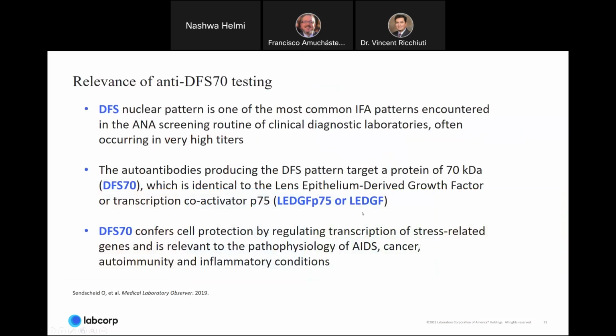The autoantibody producing the DFS pattern targets a 70 kilodalton protein called DFS70, which is identical to two other proteins, lens epithelium-derived growth factor, LEDGF, and transcription co-activator p75. In my talk, I will refer to DFS70. DFS70 confers cell protection by regulating transcription of stress-related genes and is related to the pathology of AIDS, cancer, autoimmunity, and inflammatory conditions.